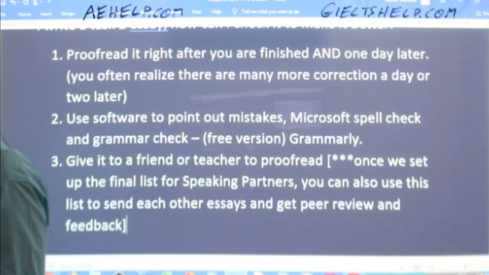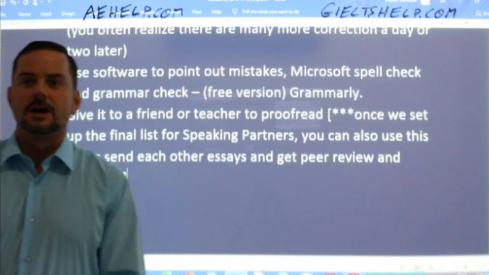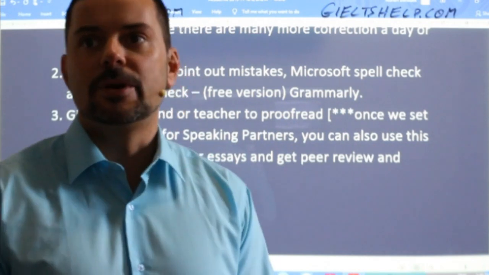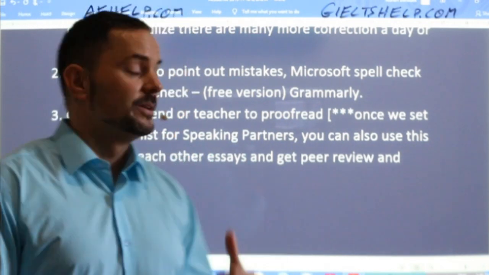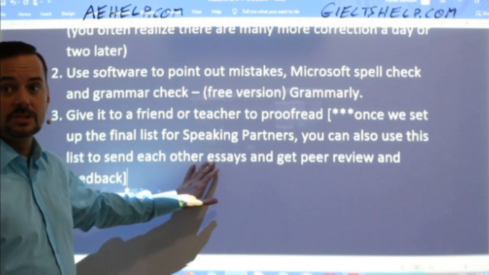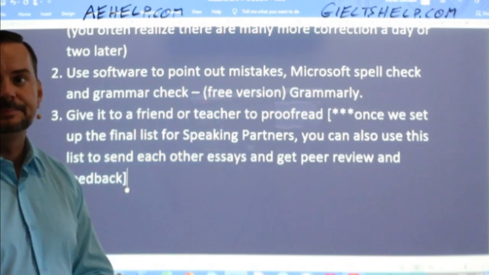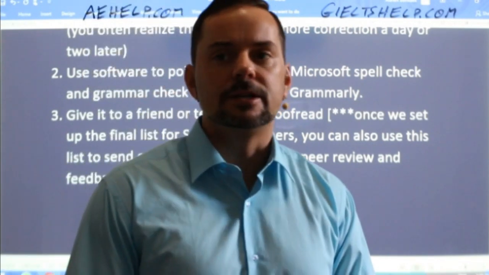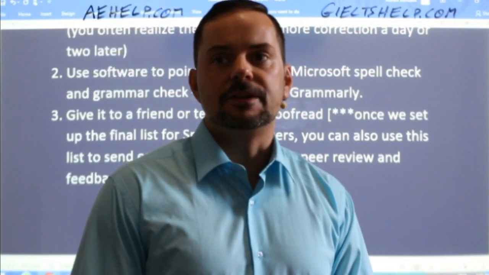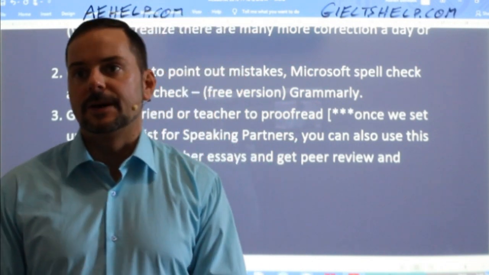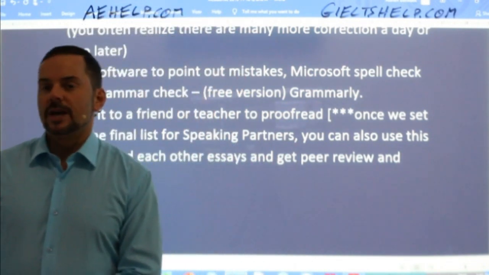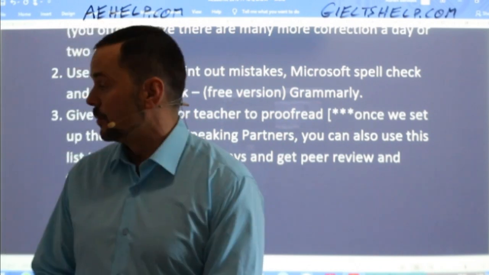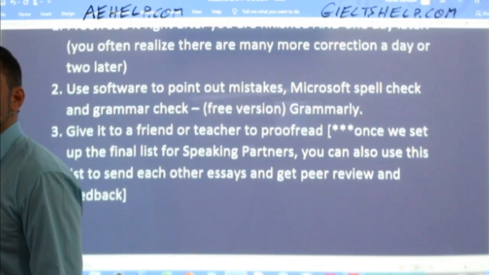So oftentimes, again, it's getting that perspective from others. Is that clear, what I just mentioned there? Are you picking up what I'm putting down about this peer review and using your peers to give you feedback? Maybe we can set up a scenario where you can post it and then anybody can give you feedback on your essay. Okay? So those are some ways to do the proofreading when you're getting ready for your exam, Hassan.